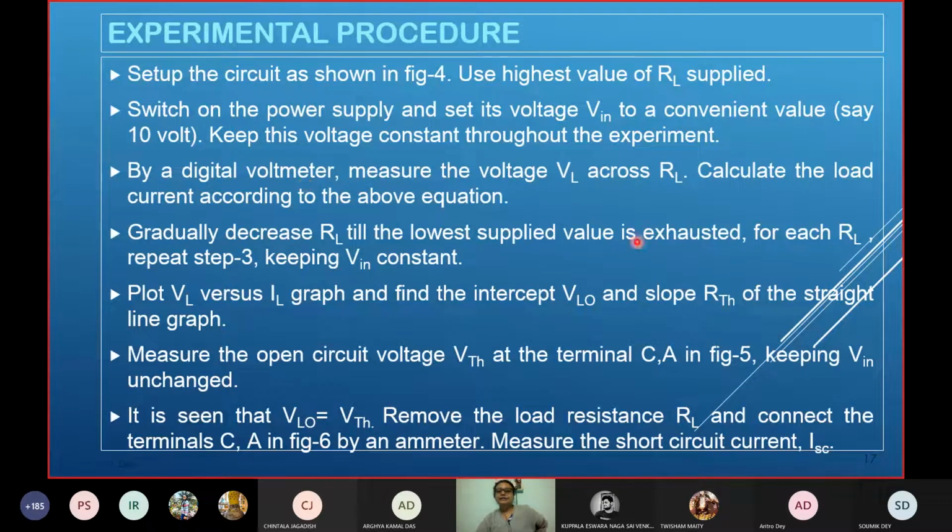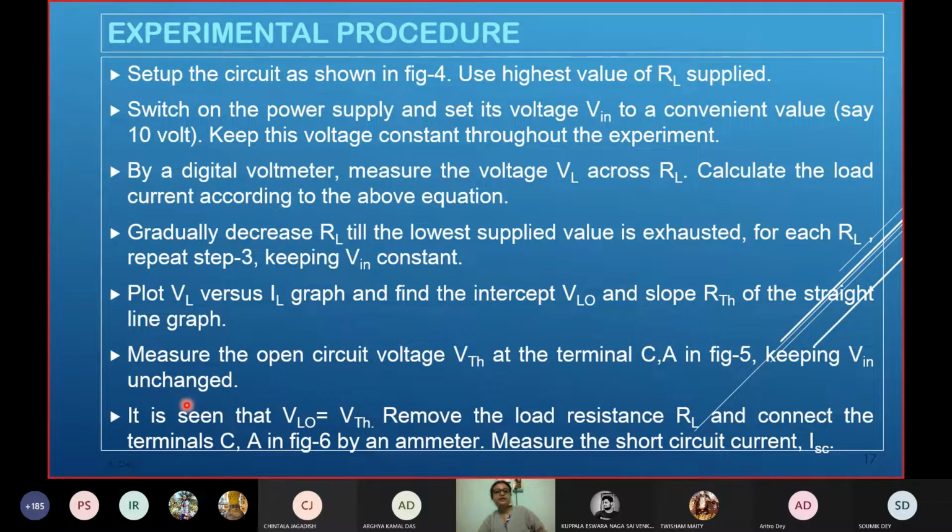So you see here, plot VL versus IL graph. Gradually decrease RL till the lowest supplied value is exhausted, for each RL keeping V input constant. Plot VL versus IL graph and find the intercept VLO, that means the open circuit voltage, and the slope R Thevenin from the straight line graph. Then measure the open circuit voltage V Thevenin at the terminal CA, keeping VIN unchanged.